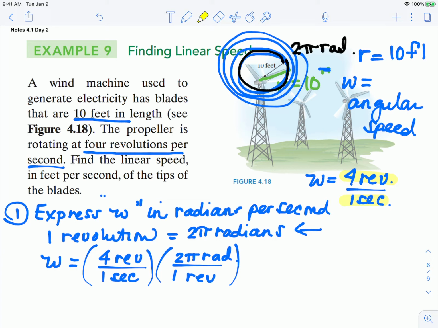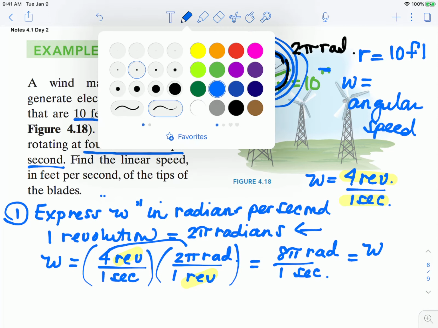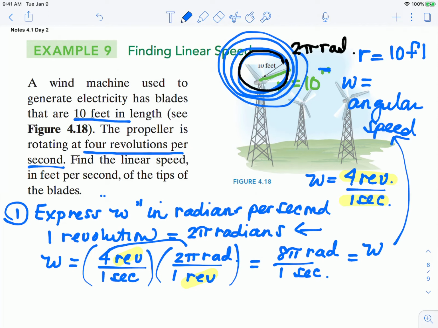And now we're going to simplify these two fractions by multiplying across. The revolutions will cancel. So 4 times 2 pi is 8 pi radians. 1 times 1 is 1, and then second. So our angular speed is 8 pi radians over 1 second.